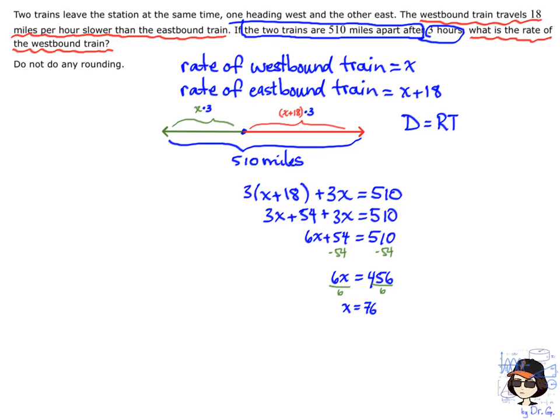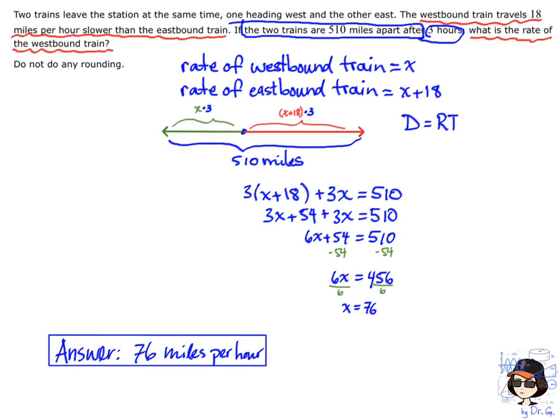I'm not going to circle that. I have to answer the question. So I'm going to write my answer with units. The units, remember, are miles per hour because we're talking about the rate of the train. So it's not miles, it's not hours, it's miles per hour.